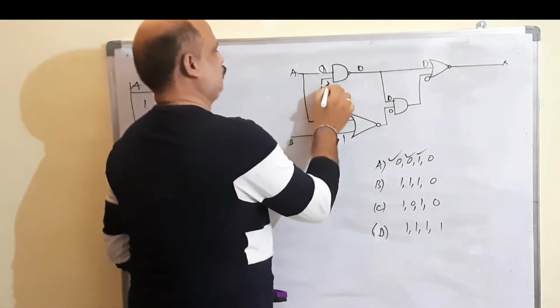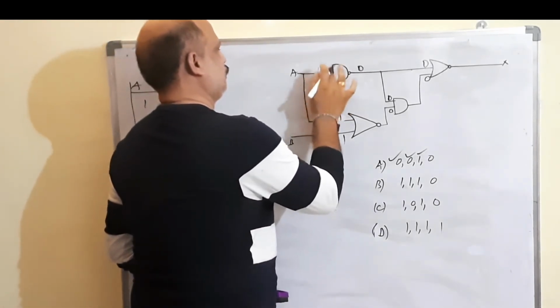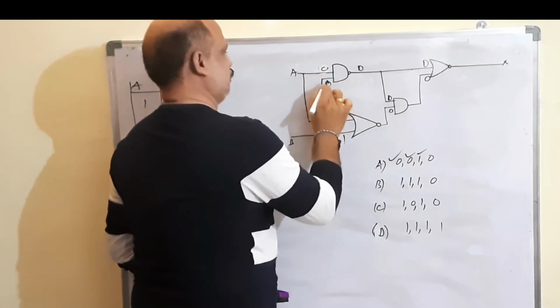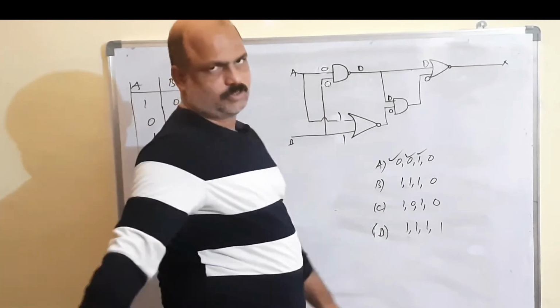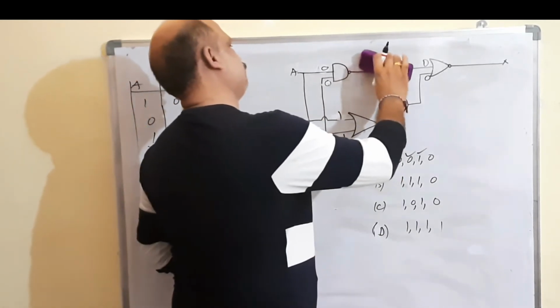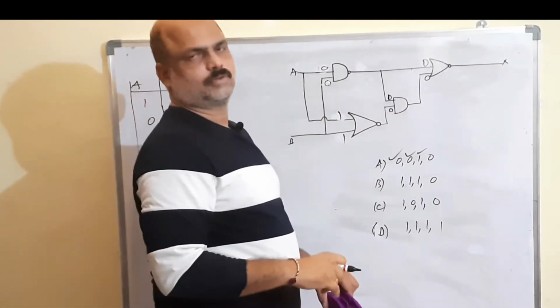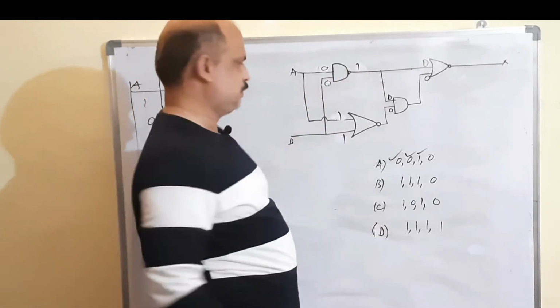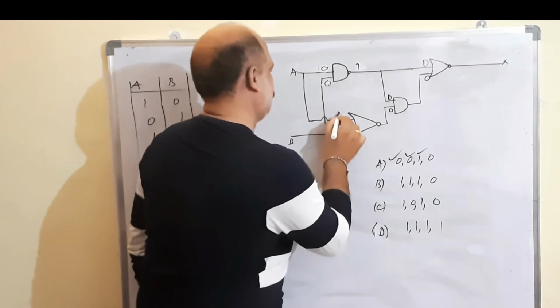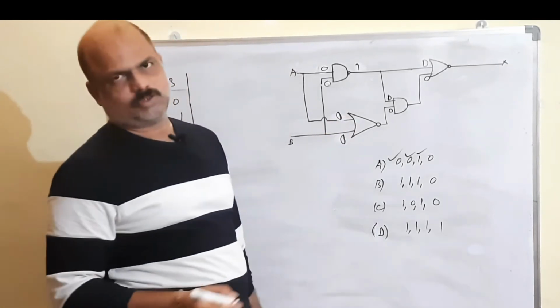Okay, next we give the last input 0, 0, 0, 0. So here 0 into 0 is 0. Since this is an AND gate output inverted, here we get 1. Here this is 0 and this is also 0. 0 plus 0 is 0.